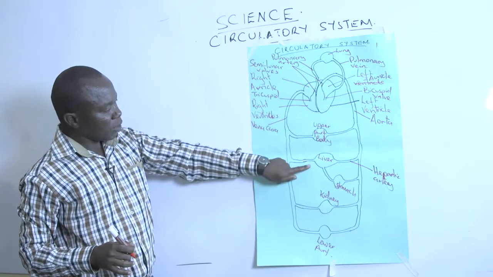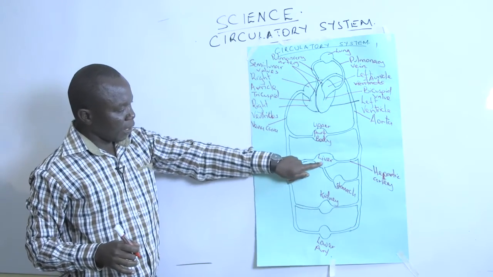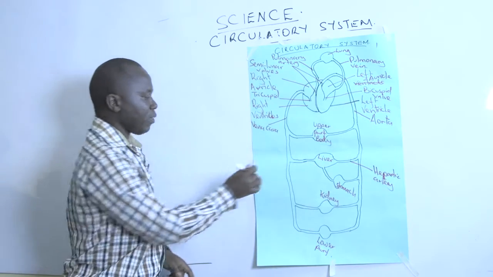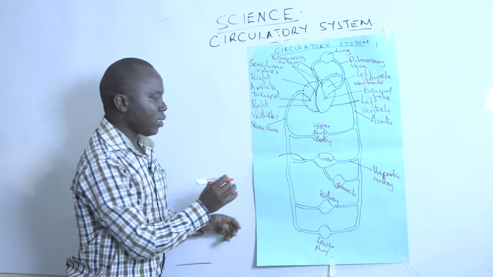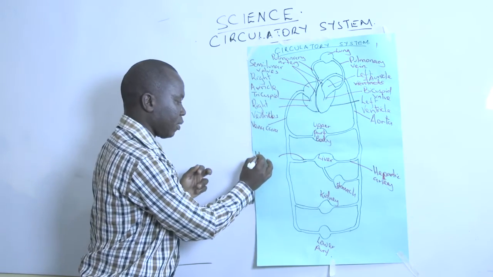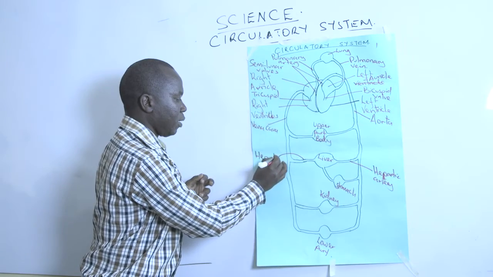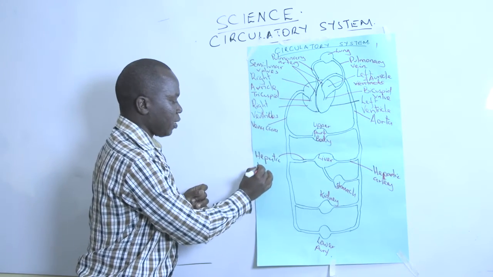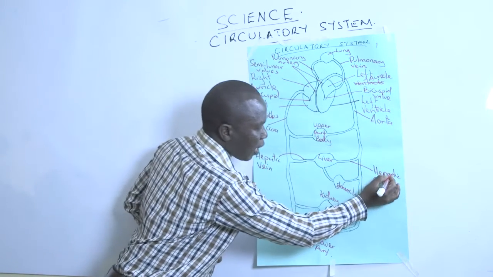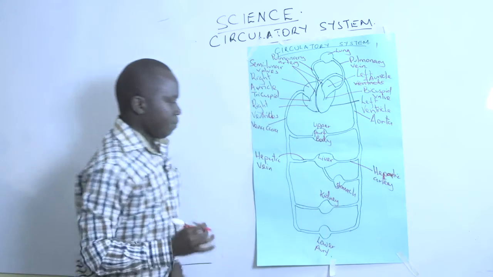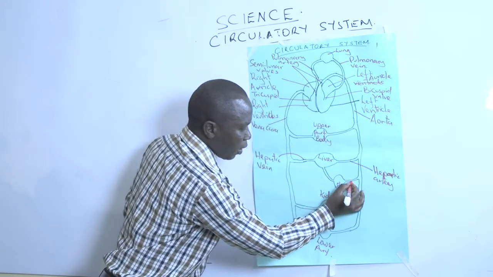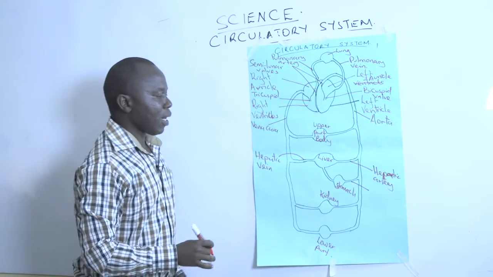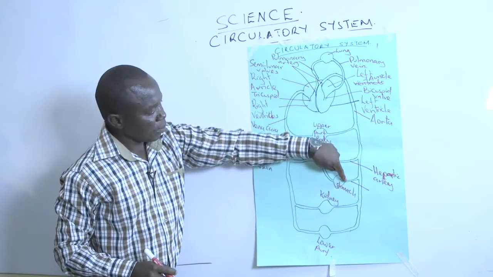And there's a blood vessel leaving the liver, carrying blood from the liver. We call it hepatic again. Mind the spelling: hepatic vein. It's not an R. And then to the stomach, we have an artery carrying blood to the stomach.